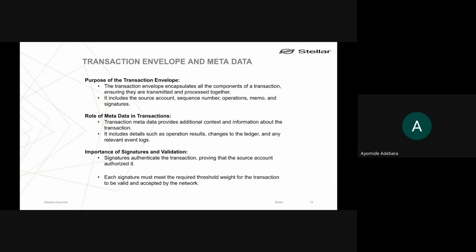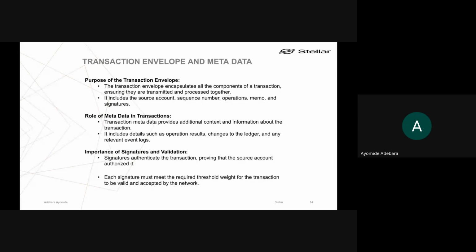And all of it being encapsulated together shows that nothing is skipped or left out, because we mentioned that a single transaction could have so many operations inside of it. So to ensure that all these operations are executed, all of them have to be encapsulated together inside of the transaction envelope.